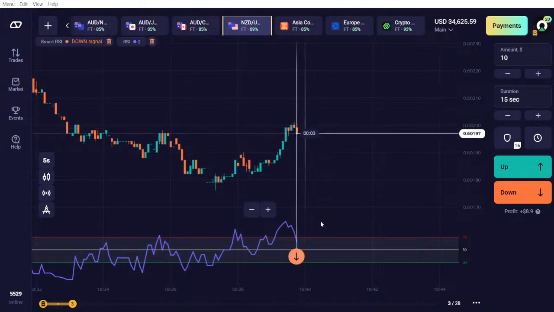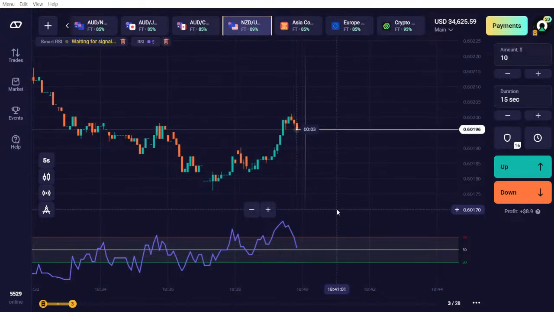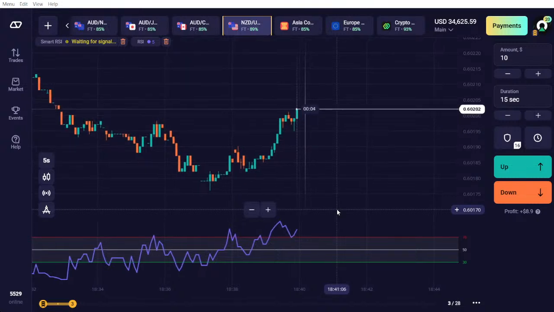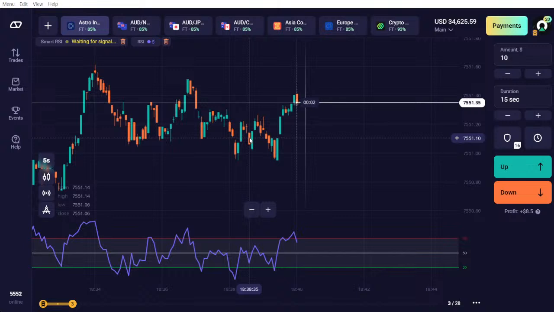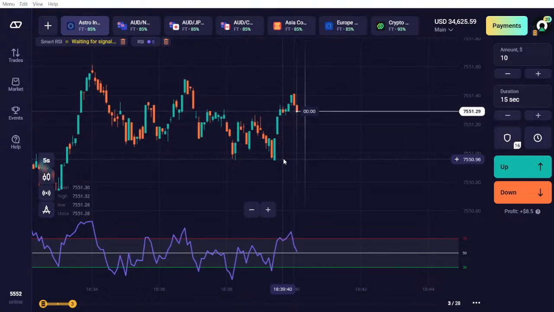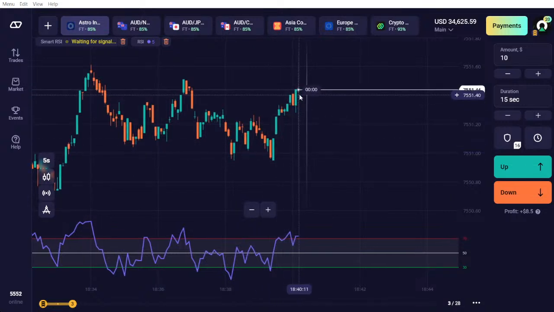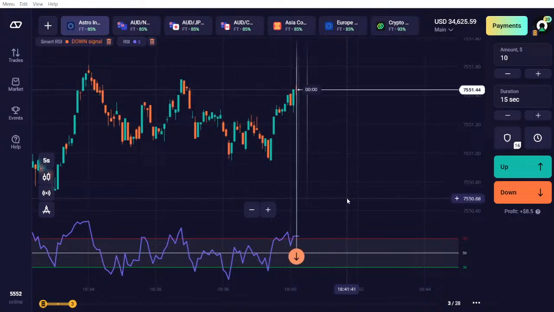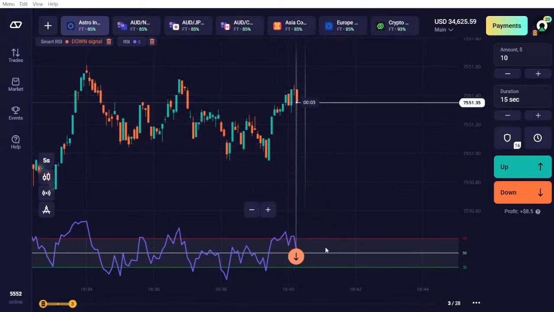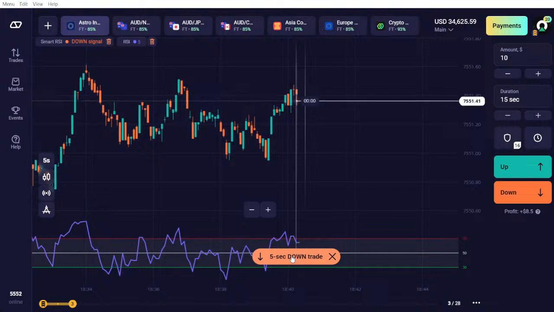I mean to say, RSI is a trend reversal indicator, a trend reversal oscillator, which helps you know when the market can change its direction, and you take the benefit of that change in movement and open a trade. If the market keeps going upward, we wait for the price correction, meaning the price starts dropping, and then we open a trade in the downward direction. See, as you can see, there was a signal in the downward direction.